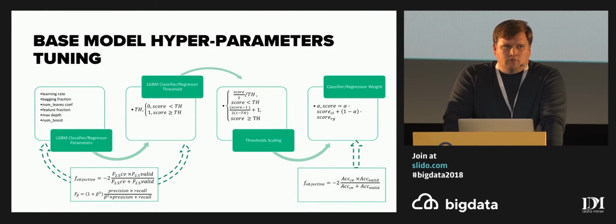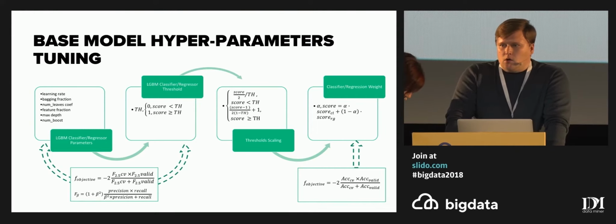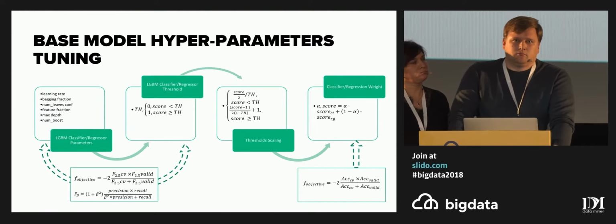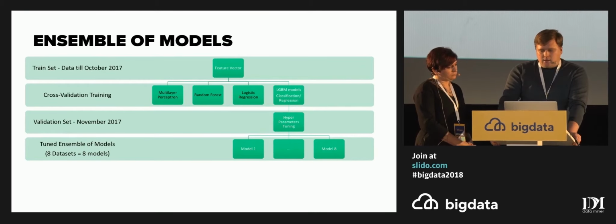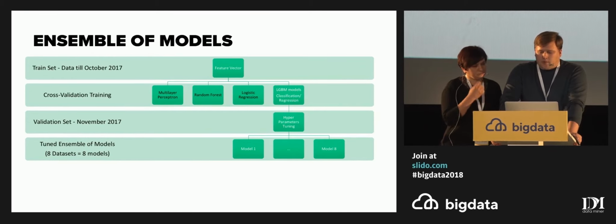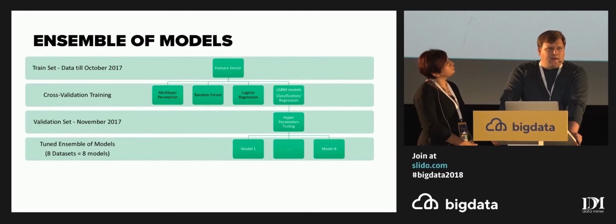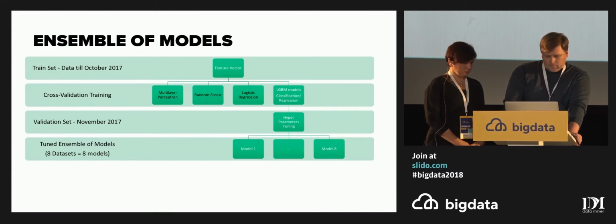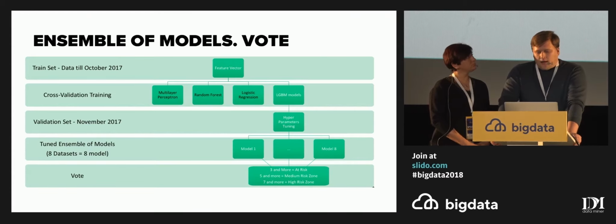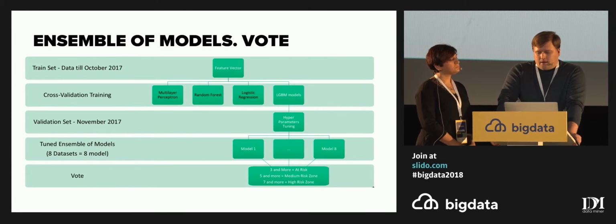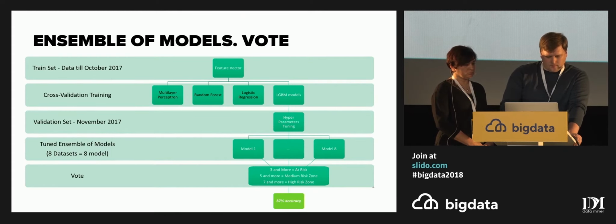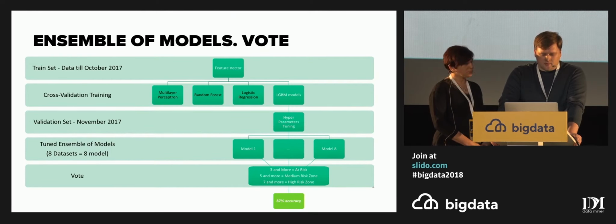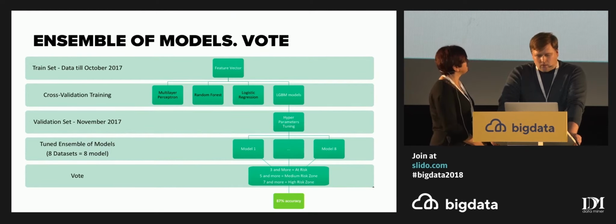All hyperparameter tuning was provided by the HyperOpt library. In the end, after hyperparameter tuning, we obtained 8 ensembles. And finally, we defined the final model and prediction by voting of the 8 ensembles. And we reached 87% accuracy in the end.